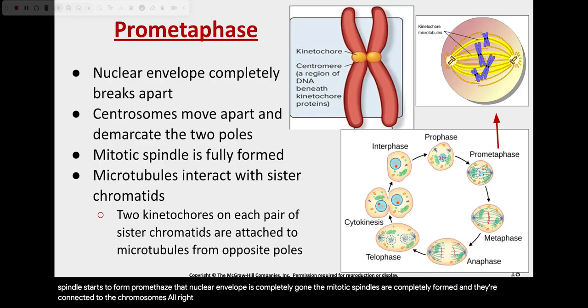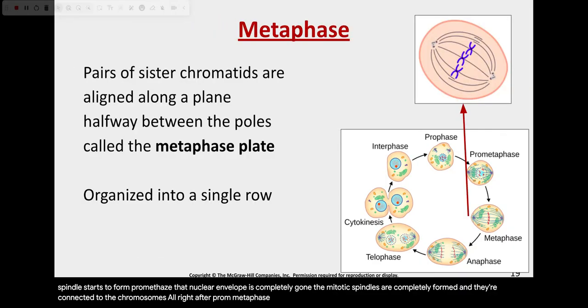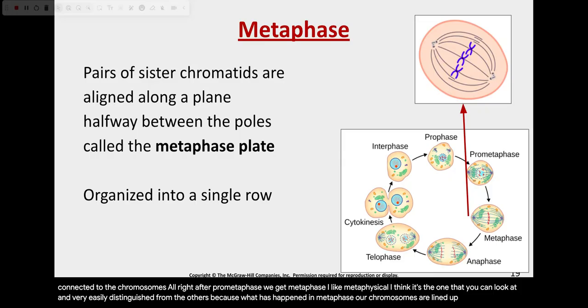All right, after prometaphase, we get metaphase. I like metaphase because I think it's the one that you can look at and very easily distinguish from the others. Because what has happened in metaphase is our chromosomes are lined up in the middle. All right, so I'm going to draw my cell.